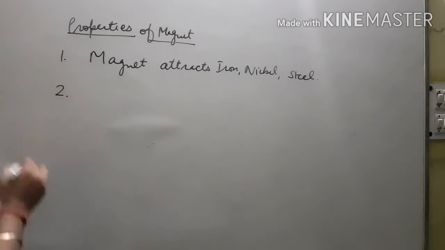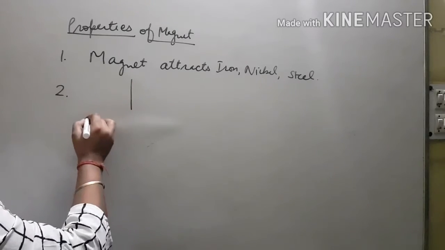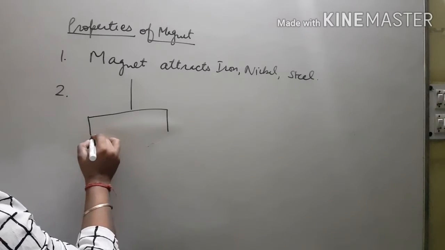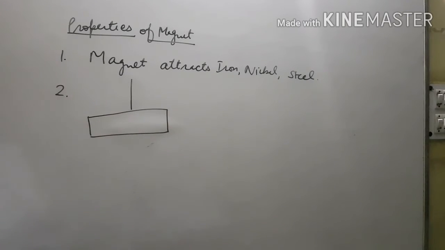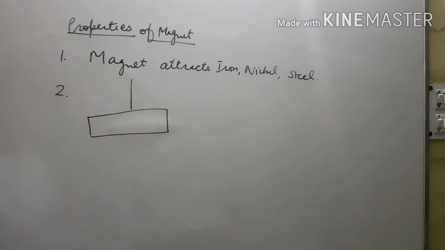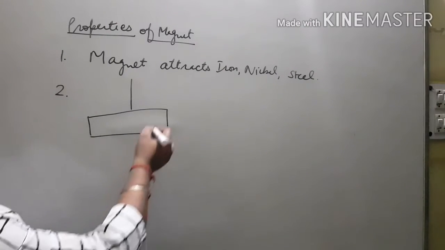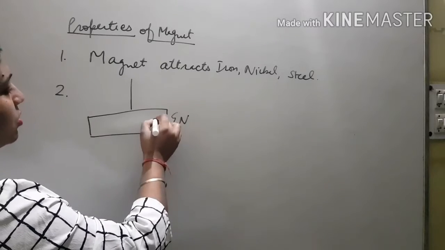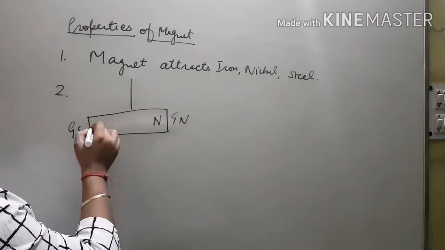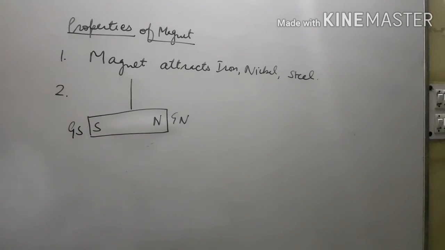Second, if we suspend a magnet through a thread, then it points towards the geographic north and geographic south. The end of the magnet which points towards the geographic north is called the north pole, and which points toward geographic south is called the south pole.